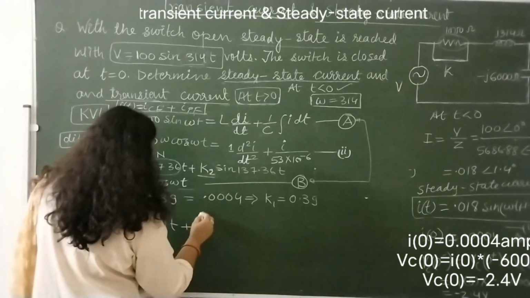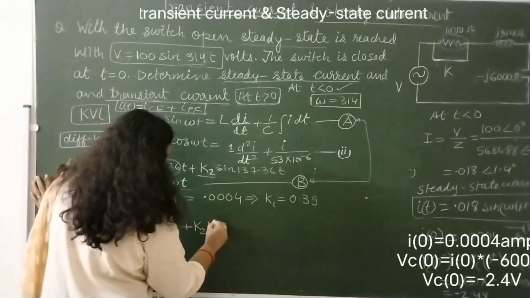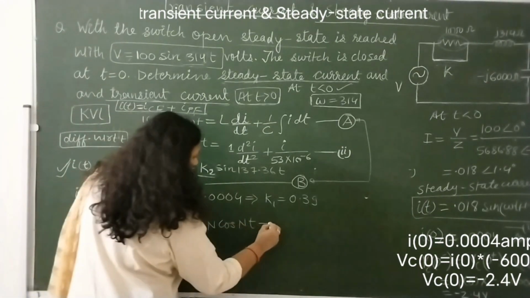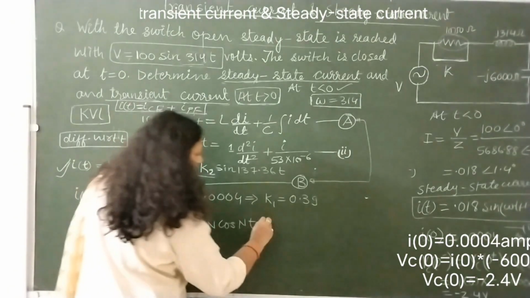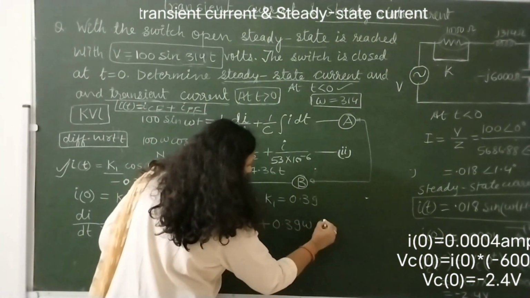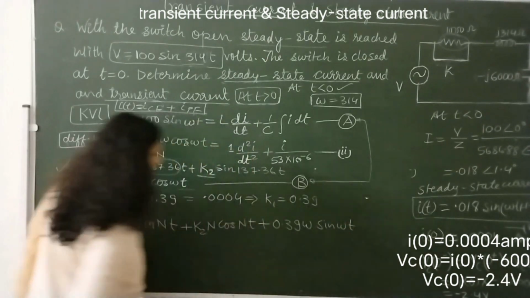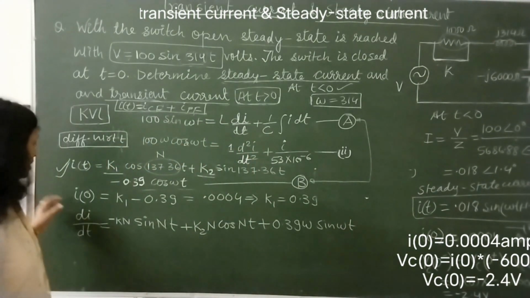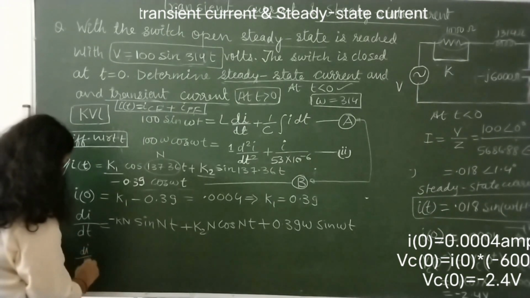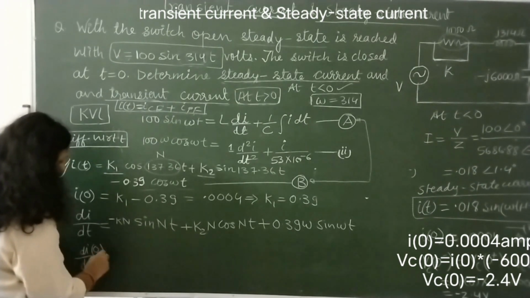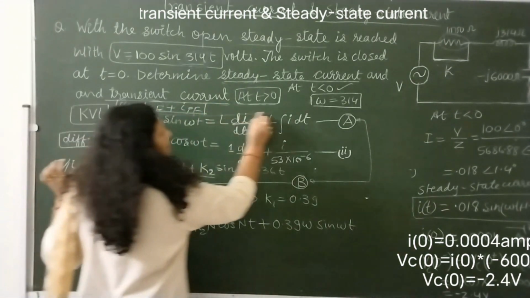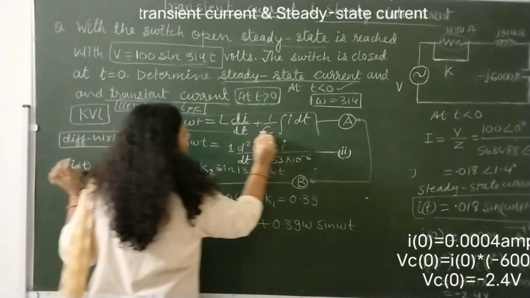This is plus k2 n cos nt, and third term is minus 0.39, but after differentiation it will become plus 0.39 sine omega t. Okay, this is di by dt. So we can find the value of di by dt at t is equals to 0 by this equation, okay, by this equation number A.